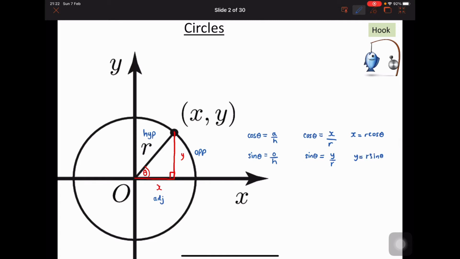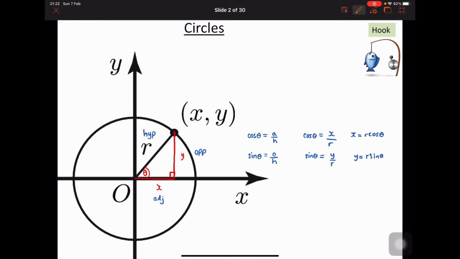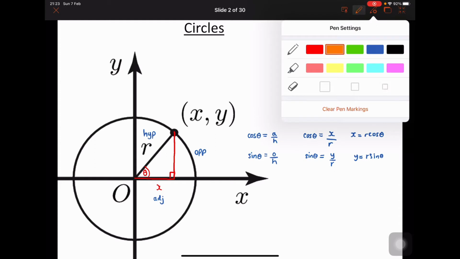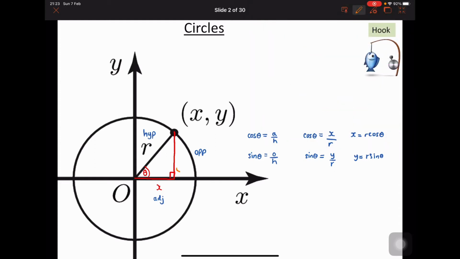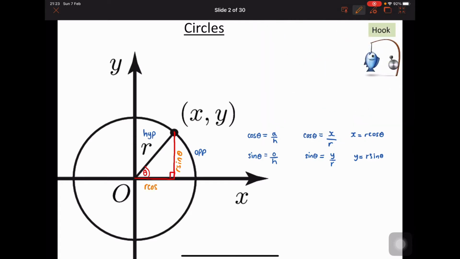So what I'm going to do now, using this orange color, is cross this out and write r sine theta. Here we have r cos theta.